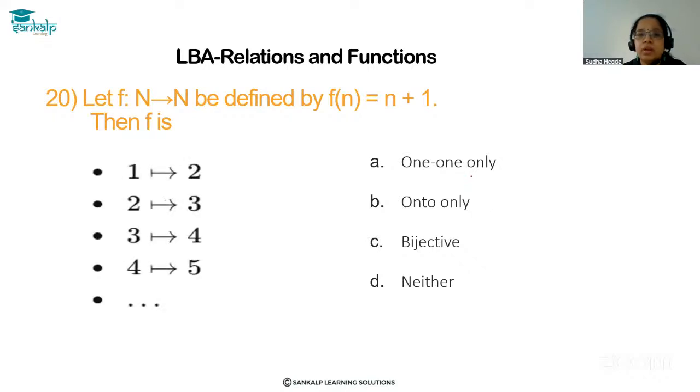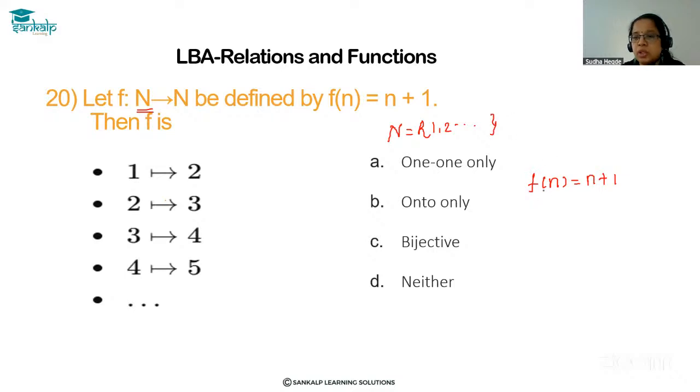Okay, f of n is equal to n plus 1, correct? And the domain is N. So N means you can take elements from 1 and so on, correct? You cannot take 0.